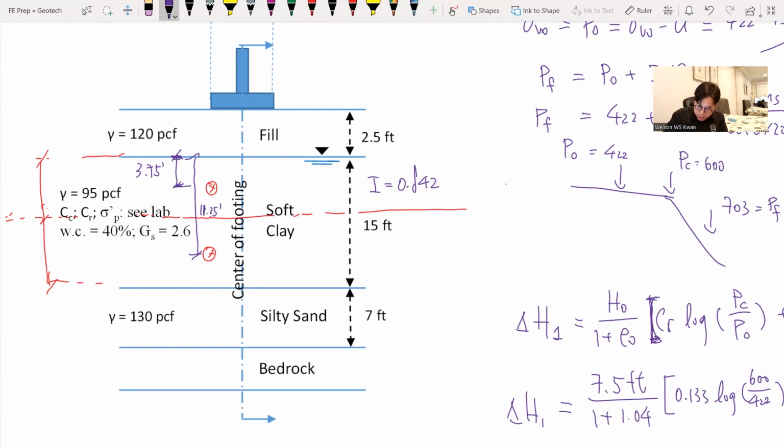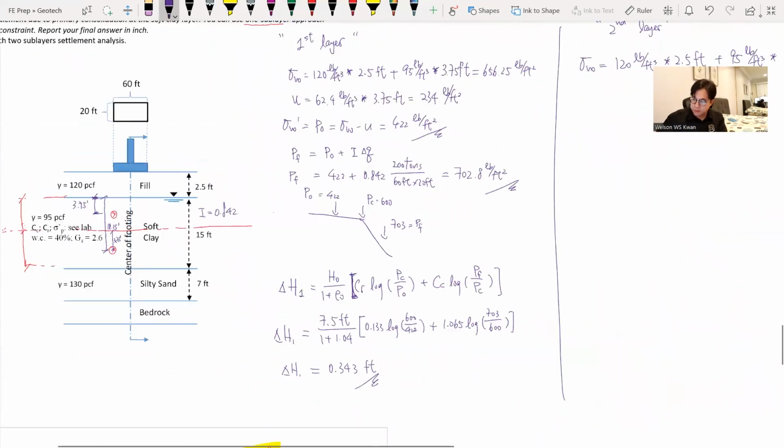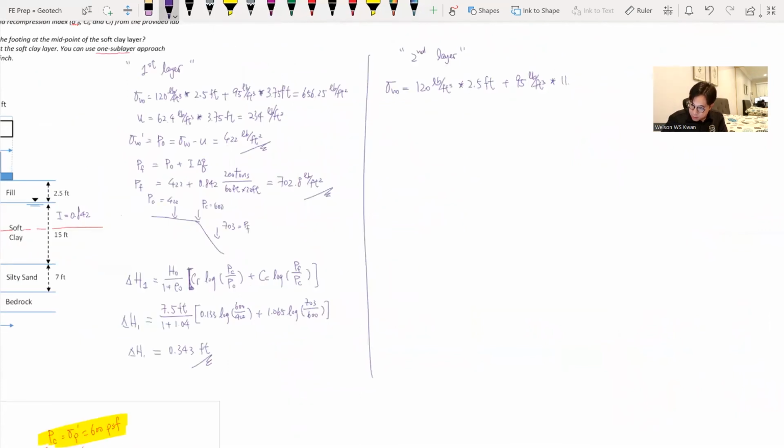Half of the second half is 3.75 feet, plus the 7.5 feet, and we get 11.25 feet. So we got the total stress at that particular location to be 0.369 pounds per inch square. Pore pressure equals the water unit weight.